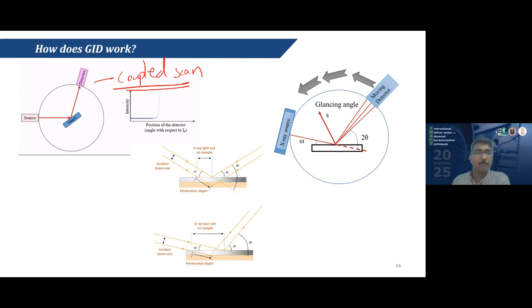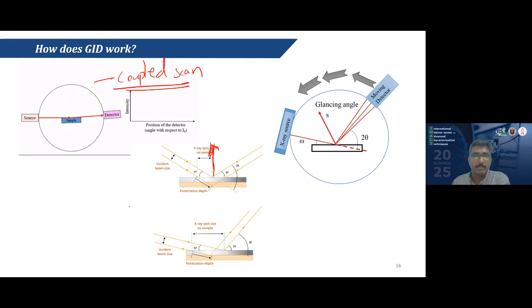In this case, the scattering vector will always be normal to the sample surface. And as we have discussed in the previous slides, we can only detect planes which are grown parallel to the sample surface in this normal XRD.